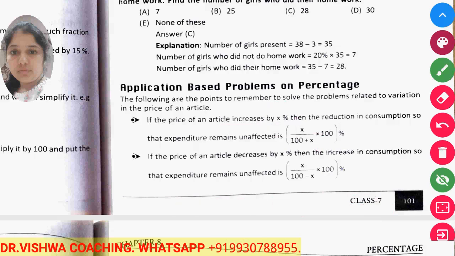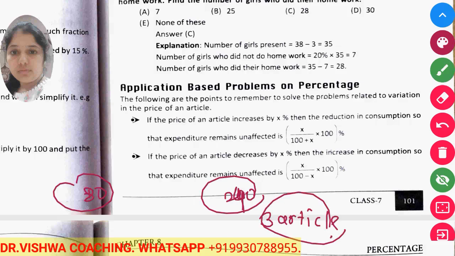Now in the same way, if some price is decreased by some percent, then we have to increase the consumption, because see, the price is now reduced. Previously if the price was 80 rupees and I have 240 rupees, I can take 3 articles. Now the price is reduced to 60.